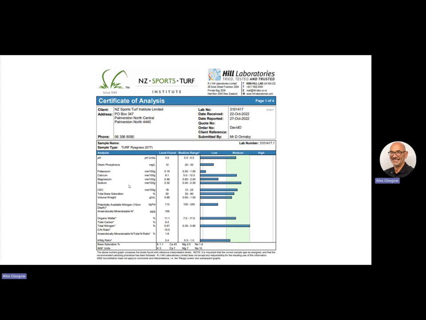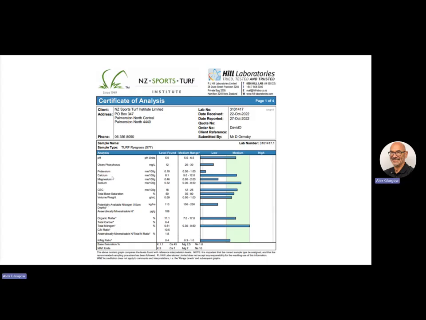There are different types of phosphorus analyses that you can do, but the most common one in New Zealand is Olsen phosphorus. And the main reason for that is that this test has been very widely used and found to be very well suited to our soils. So my advice would be to stick to the Olsen phosphorus test because it's the most appropriate for the soils in this country.